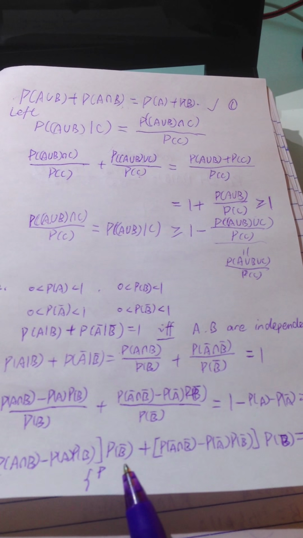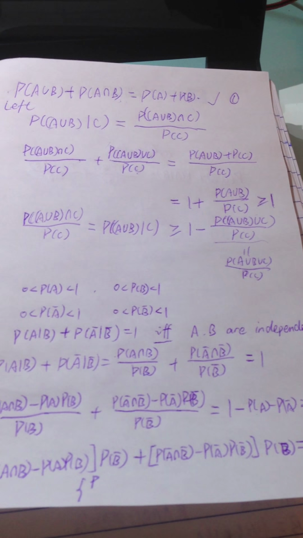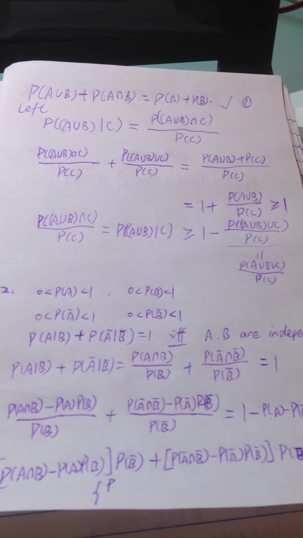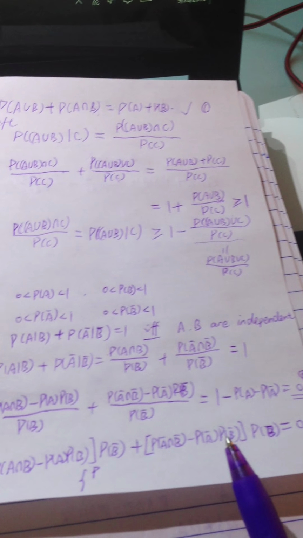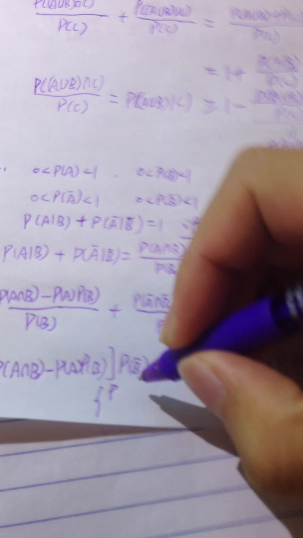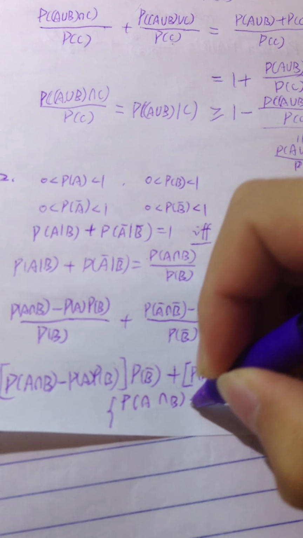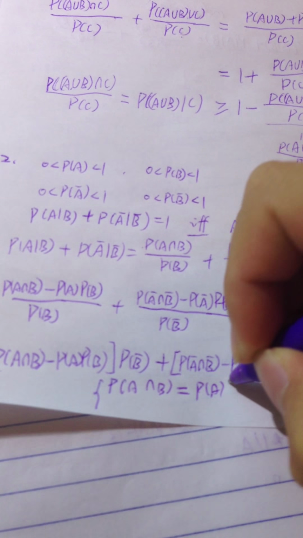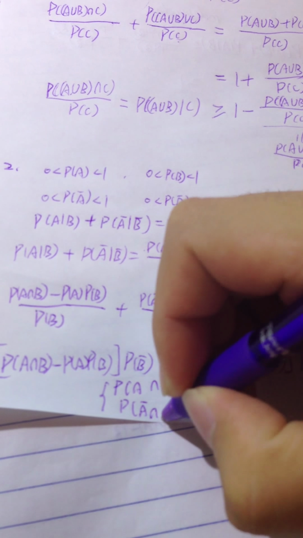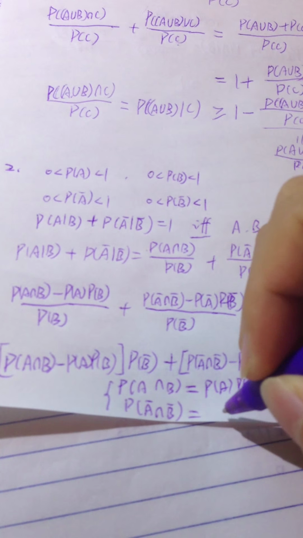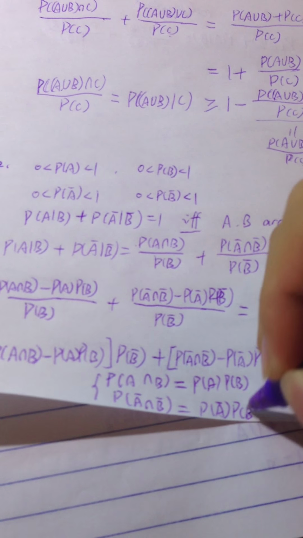Since event B and event B complement are mutually exclusive, to make this equation correct, we have to make the probability of A intersection B equal the probability of A times the probability of B, and also the probability of A complement intersection B complement equal the probability of A complement times the probability of B complement.